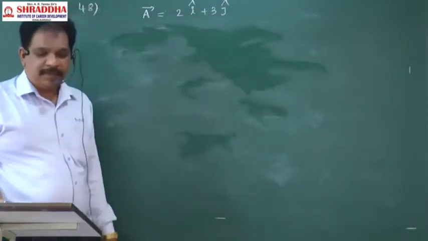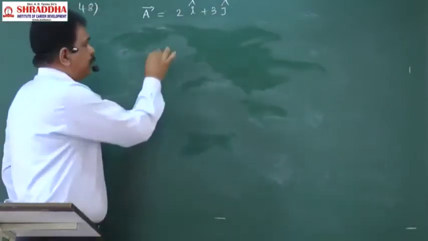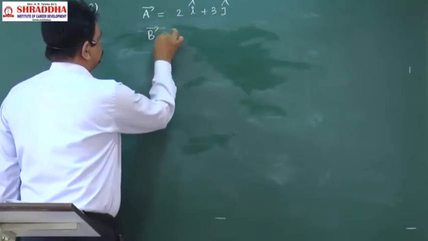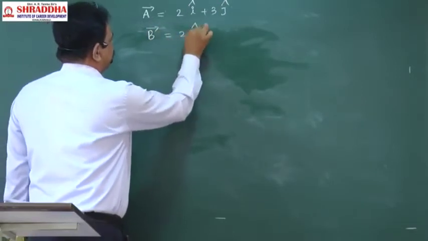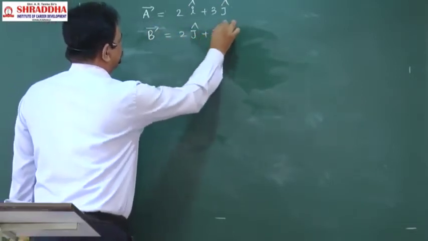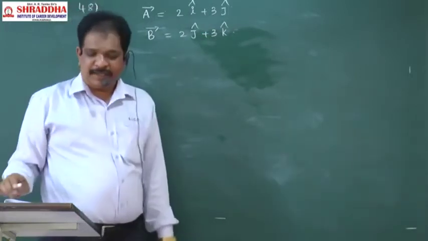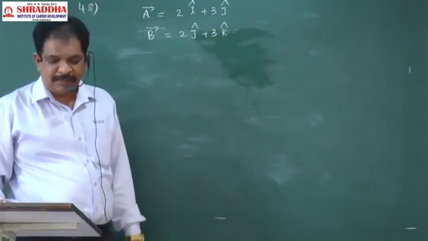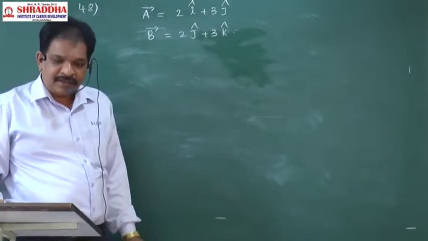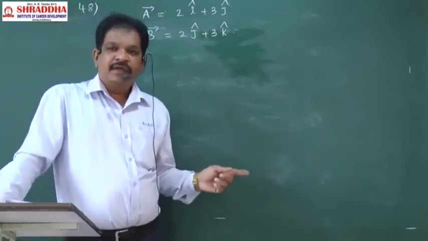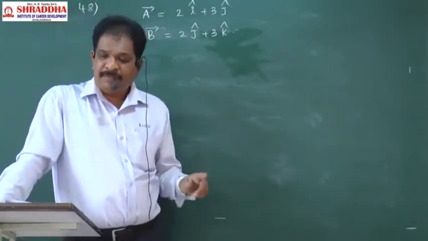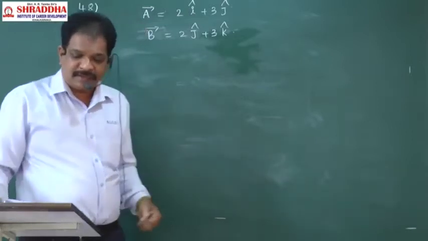This is A bar. B bar is equal to 2J cap plus 3K cap, that is B bar. Then what they are asking, component of B bar along A bar is how much?